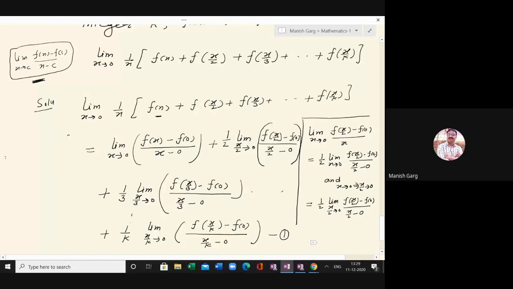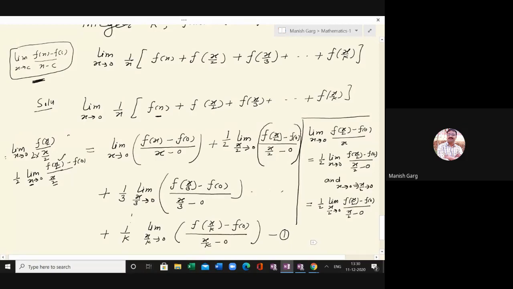Second expression: limit x tends to 0 of f(x) by 2 over x. First divide by 2, so 1 by 2 will be common. So limit x tends to 0 of f(x) by 2, here it will be x by 2. Again you can use f(0) because the value at 0 should be the same as here.